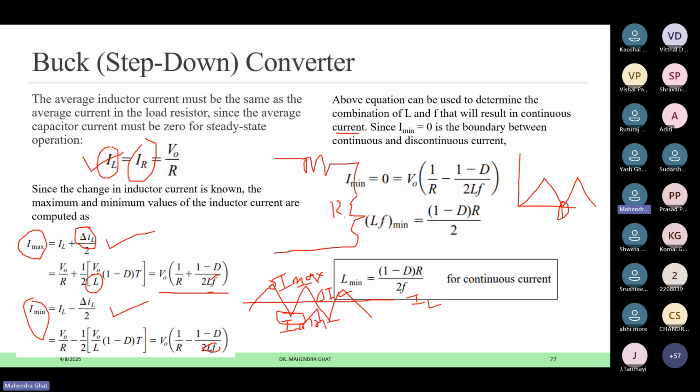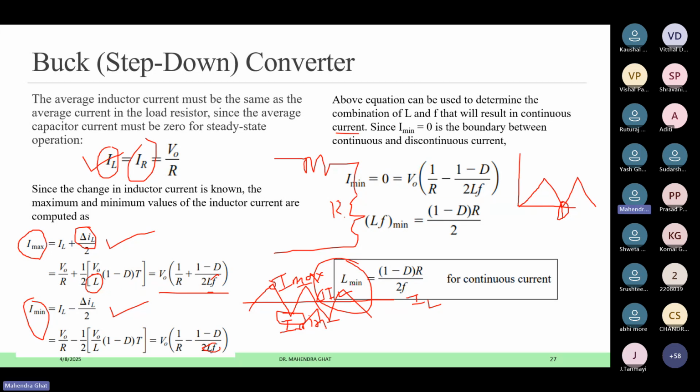Simplifying this, if I take the frequency here, this will give the L minimum, which is (1 minus D) into R divided by 2F. So I can say if my inductance value for this switching frequency is greater than this L minimum value, then my converter is always operating in continuous conduction.